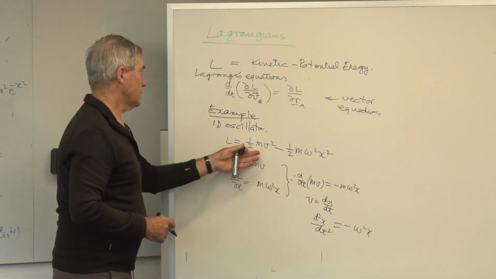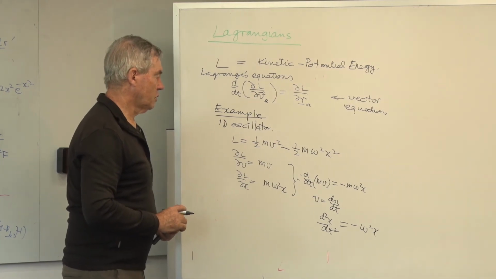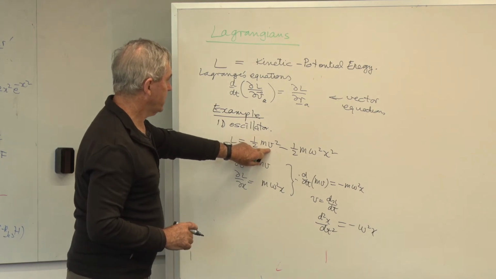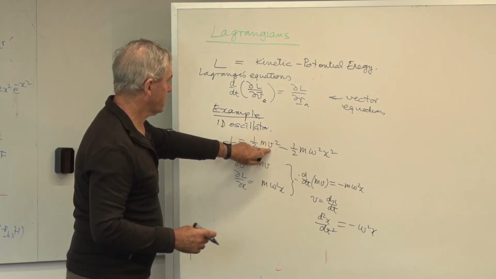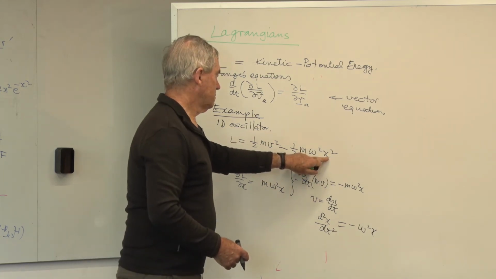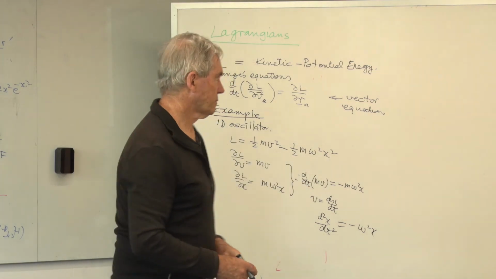In this particular case, you might think it's a scalar quantity because there's only one coordinate, but normally this would be half vector v squared, so it's v_x squared plus v_y squared plus v_z squared. And if it's a three-dimensional oscillator, this may be x squared plus y squared plus z squared.